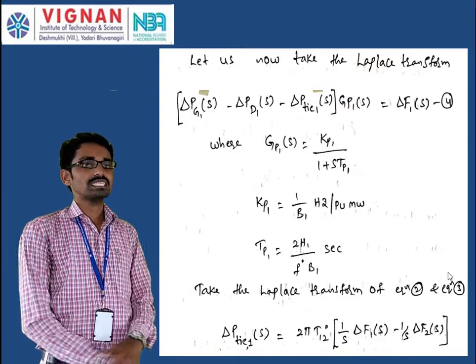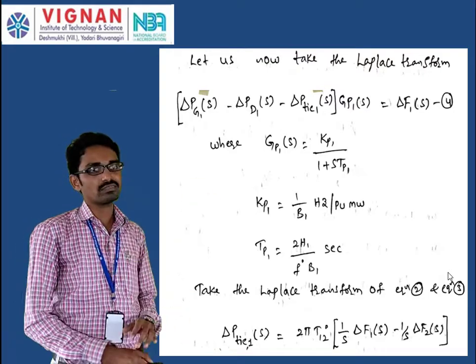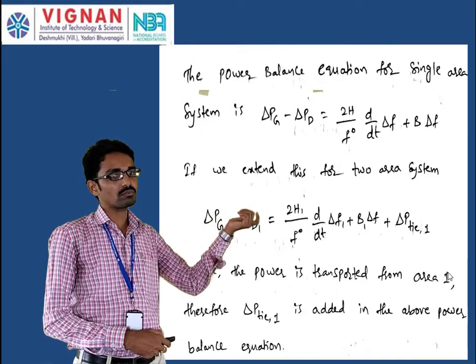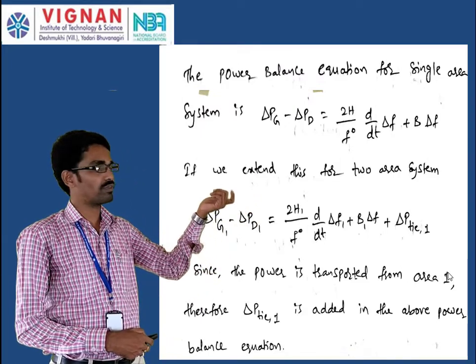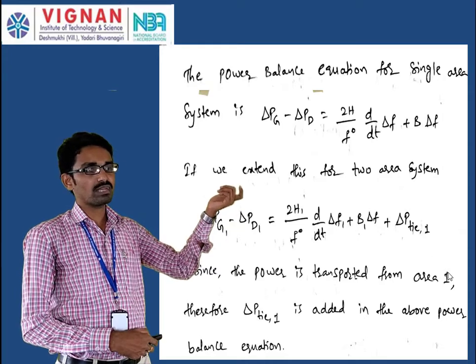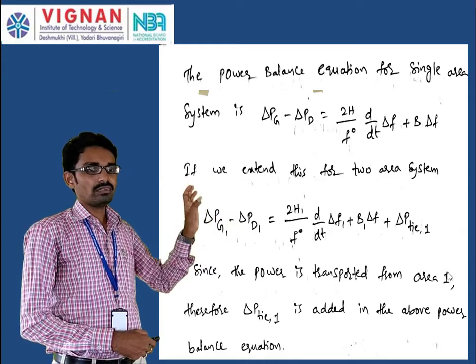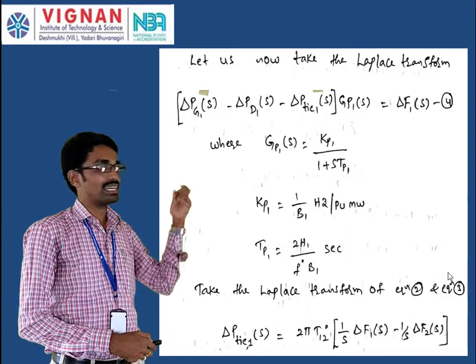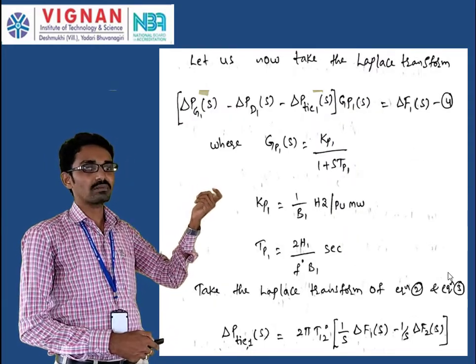So let us now take the Laplace transform of that equation. We have delta Pg1 minus delta Pd1 is equal to 2H1 by F naught d by dt into delta F1 plus B1 into delta F1 plus delta P tie 1. Right? If I take the Laplace transform of this equation, you get delta Pg1 of s minus delta Pd1 of s.